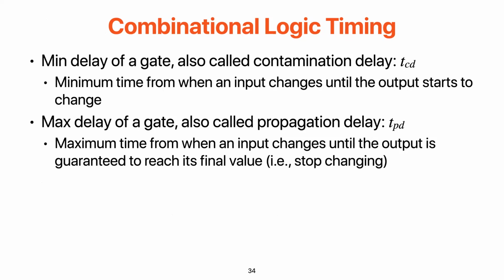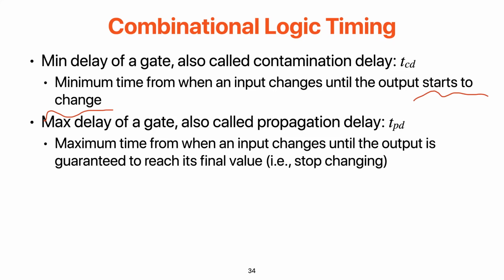Say you have a circuit, and when I change my input, what's the smallest amount of time it would take for the circuit to start changing its output? However, this wording is very tricky. It says start to change, but the changed output is not necessarily your final output.